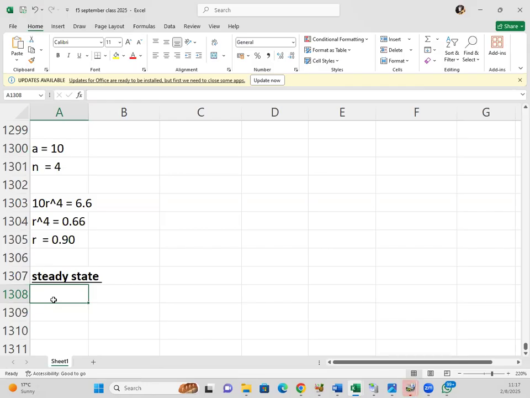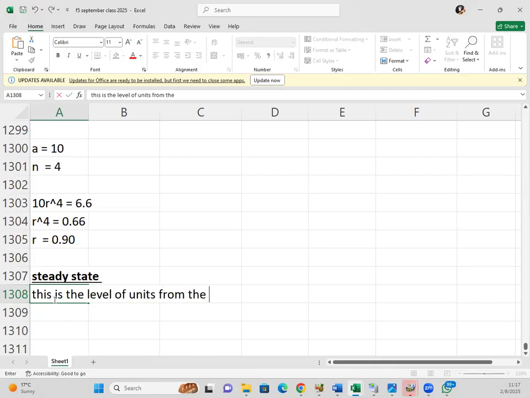So let's say this is the level of units from which the learning effect ceases to apply.